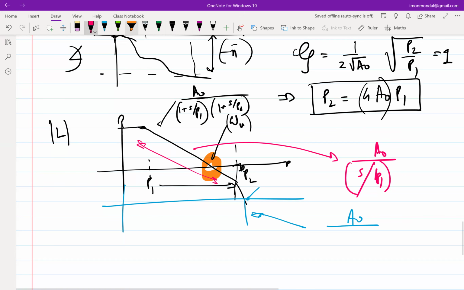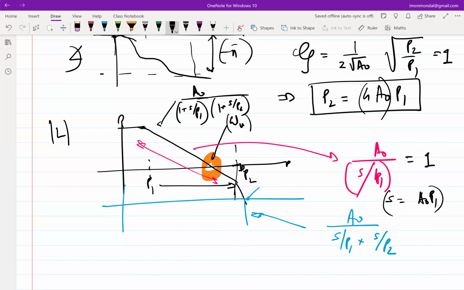And for the lower part of the segment, after we hit P2, this will become S by P1 times S by P2. Now, if omega u falls between P1 and P2, I should have a solution of this equal to 1. So if this solution exists, then S is equal to A naught times P1. So now I figure out whether S equal to A naught P1 is the right solution or not.